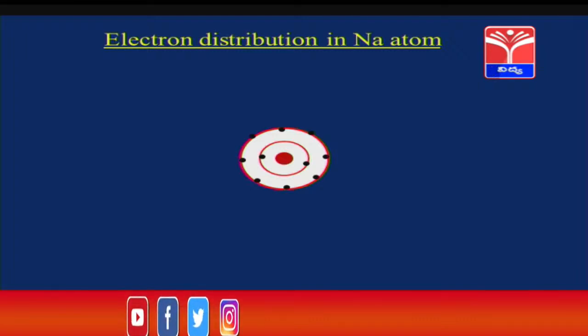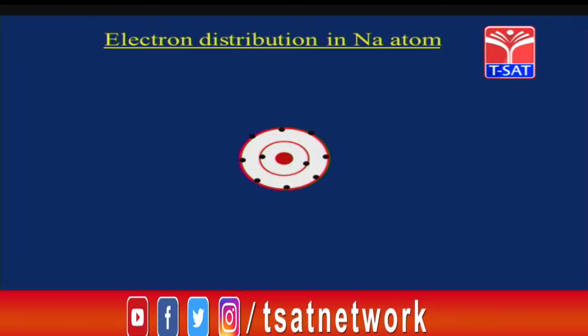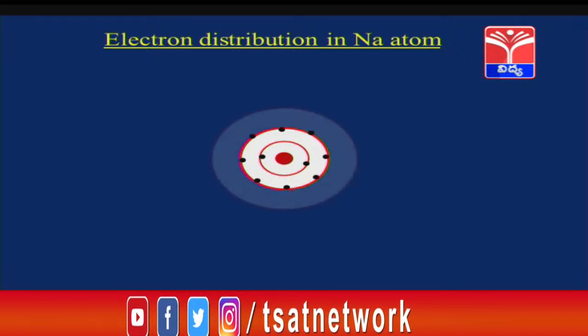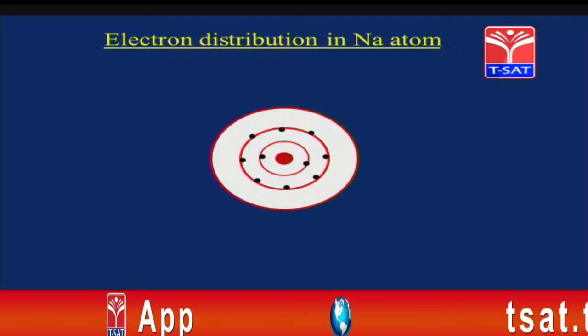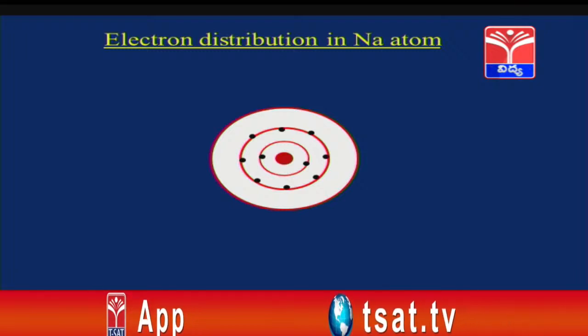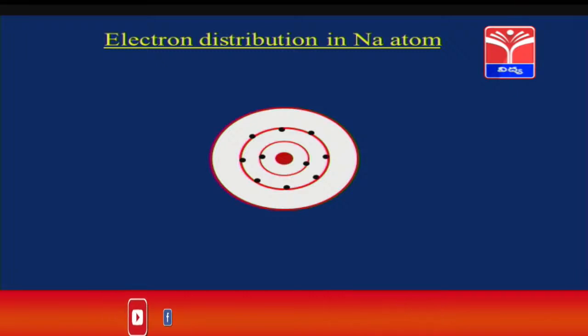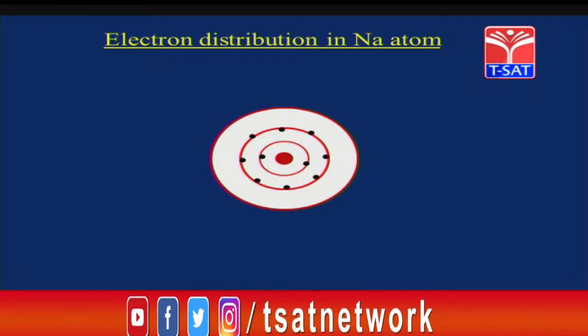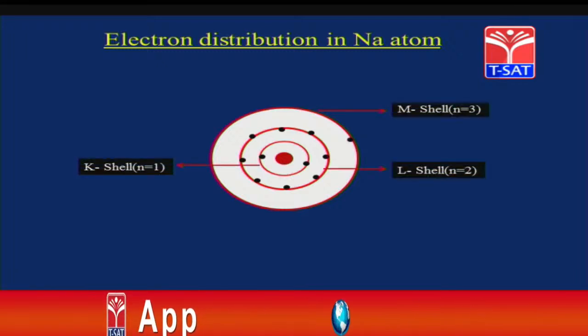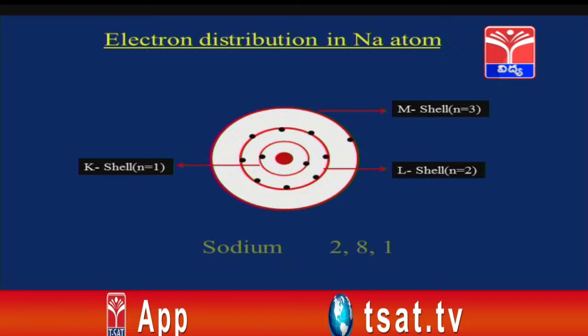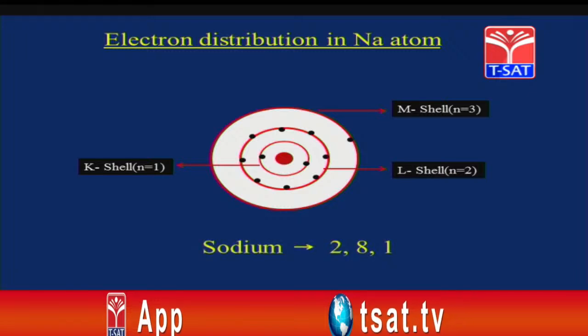Sodium atomic number is 11, that means it contains 11 electrons. These 11 electrons are distributed in 3 shells: first shell 2 electrons, second shell, L shell, 8 electrons, and 1 electron remains, that electron goes into the next shell, n equal to 3 shell, M shell. So, the electronic structure of sodium is 2 8 1.